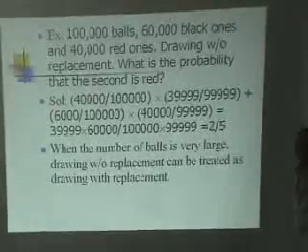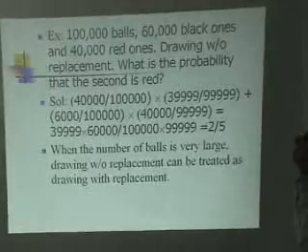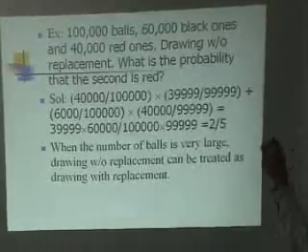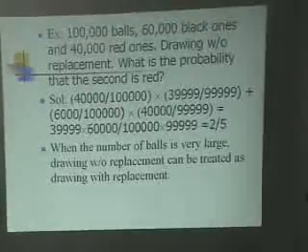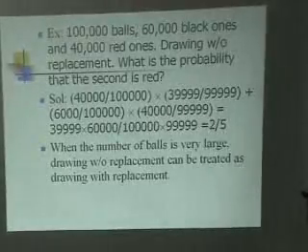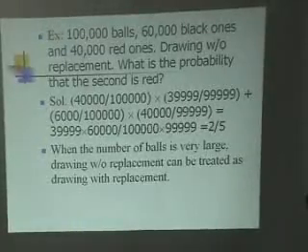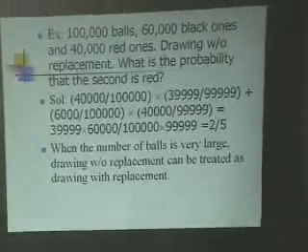If you take one out, how many are left? 999,999, right? So the number is still very large. When the population is very large, it doesn't matter whether you draw with or without replacement. So this is very important here.